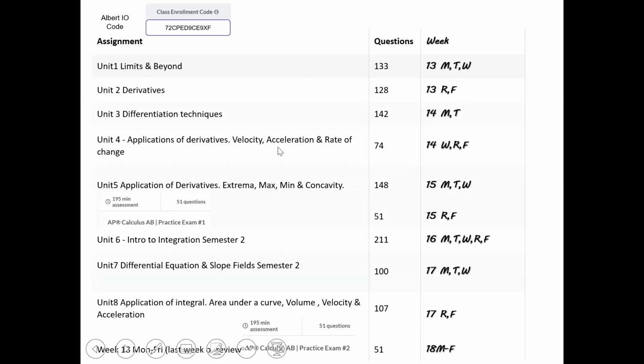This is going to be your homework. There are 133 questions, but you don't have to do 133 questions. You are welcome to pick any 30 questions. Your task is to do those 30 questions on Monday, Tuesday, and Wednesday.